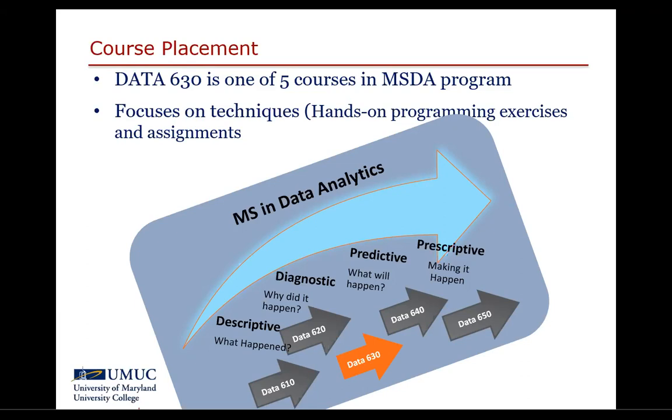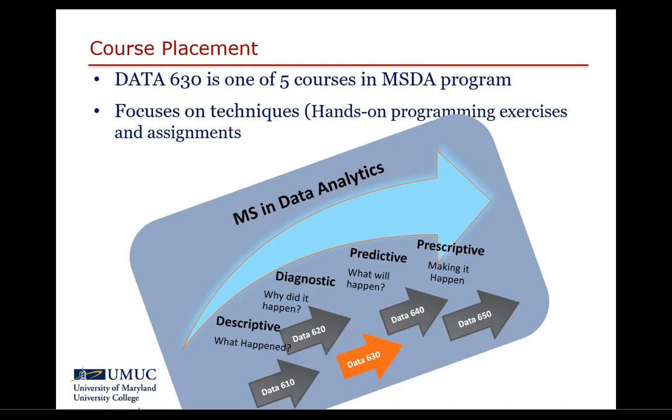So Data 630 is actually where you cover all the fundamental topics of data mining and machine learning, which includes pre-processing. And this is typical, by the way, in any project. It's not just a school project. Even in the work environment, the typical steps are you find the relevant data, do some kind of cleaning, do some pre-processing, and have an understanding of the data without applying any fancy algorithms. And then you apply the algorithm.